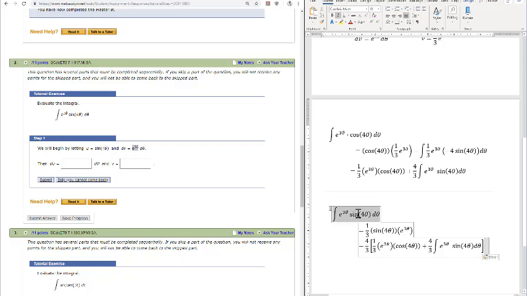Our original problem, the integral of e to the 3 theta times sine 4 theta d theta has so far been equal to this 1/3 and then sine 4 theta e to the 3 theta minus 4/3 times, now this latest integral that we just found is here.